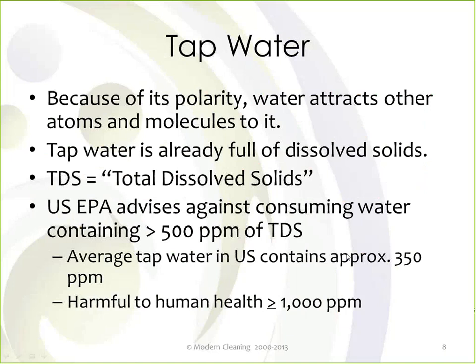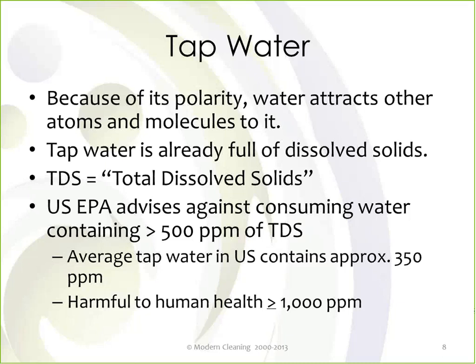Talking about tap water, our tap water is already full of dissolved solids, and that's because of water's polarity, which attracts so many other atoms and molecules to it. The way you measure these dissolved solids, which is called TDS, total dissolved solids, is to use a TDS meter, and the US EPA measures it.